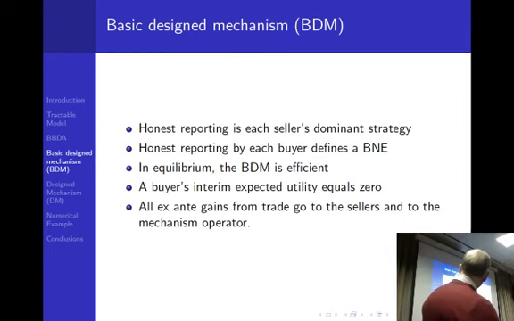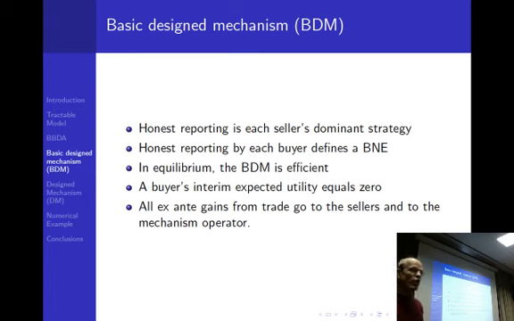So what will our basic design mechanism consist of? Well, we'll have incentive compatibility, so we'll have a Bayesian Nash equilibrium. Anyway, it's a Nash equilibrium. That's something I had to work out. I meant to cross out that word. So here's the sentence that I mean. Honest reporting by each buyer defines a Bayesian Nash equilibrium.